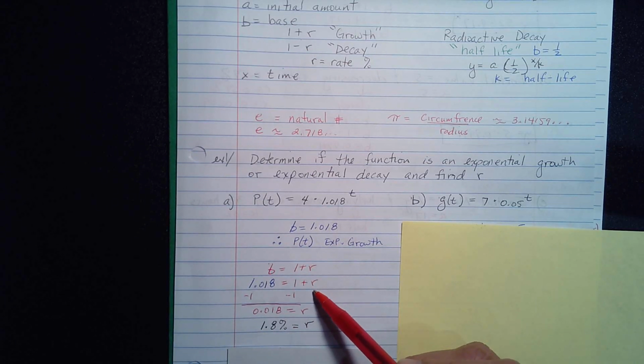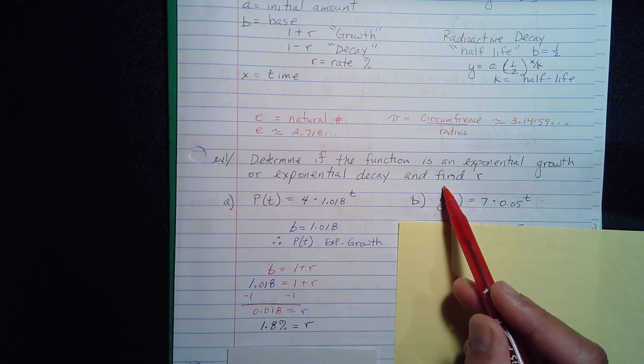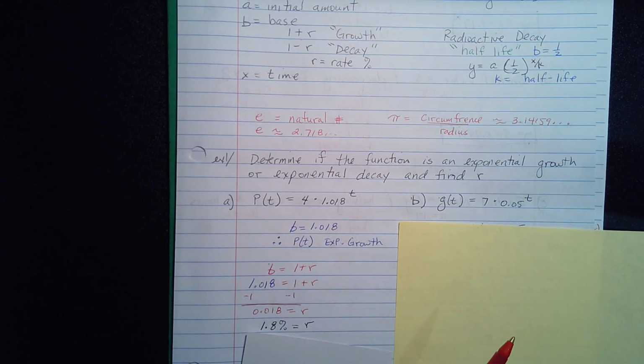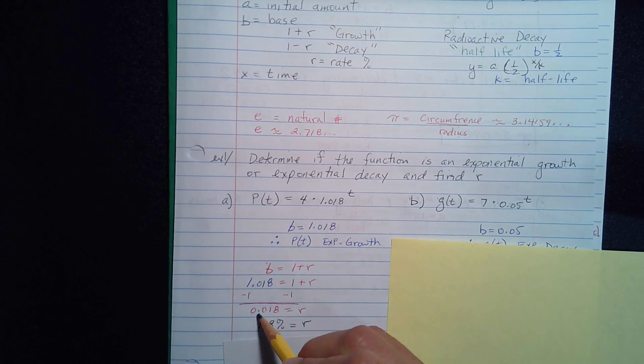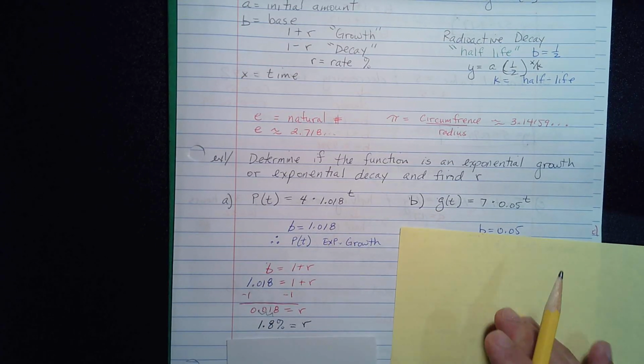We're trying to find r because that's the second part of this question. Find r. Well, we just subtract 1 on both sides. We have 0.018 for r. And when they want r, they want it as a percentage. So remember, when converting percentages, you move the decimal point 2 times to the right. So now this goes 2 times to the right. So r is 1.8%.